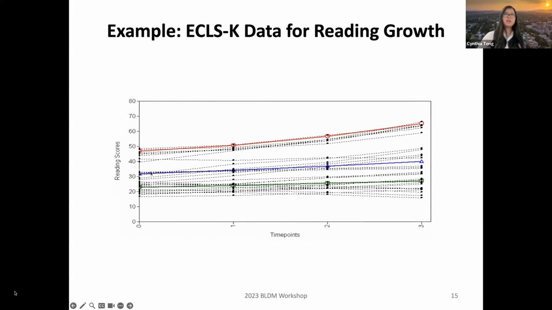For the blue line here, it's also not changing much from time 1 to time 4, but they have a higher initial value. But for the third group up here, these people have much higher initial reading scores, and also the rate of change is higher. So their reading ability increased faster than all the other groups.